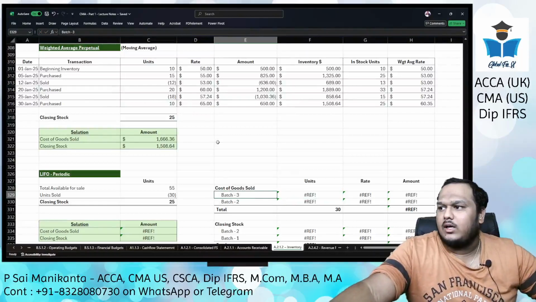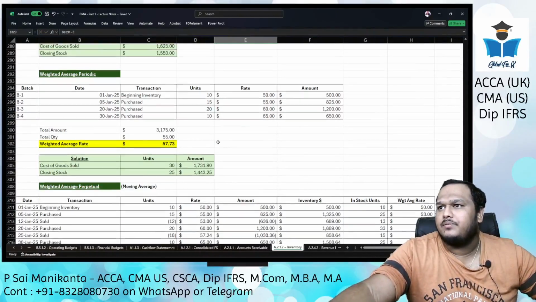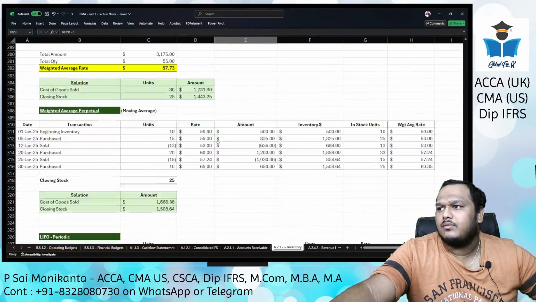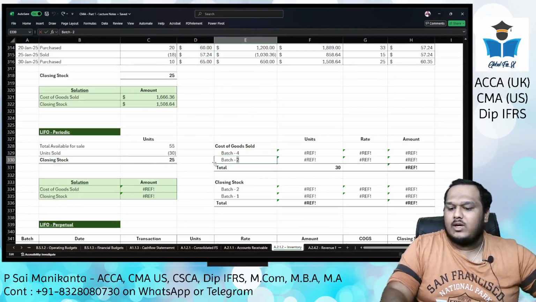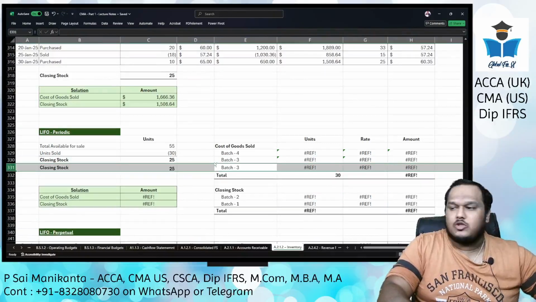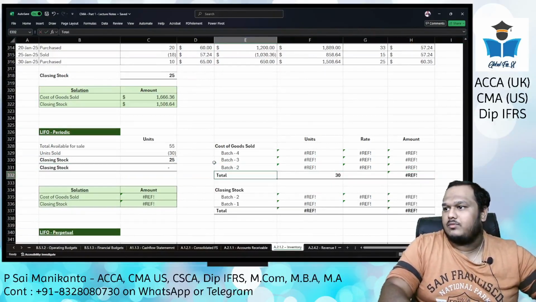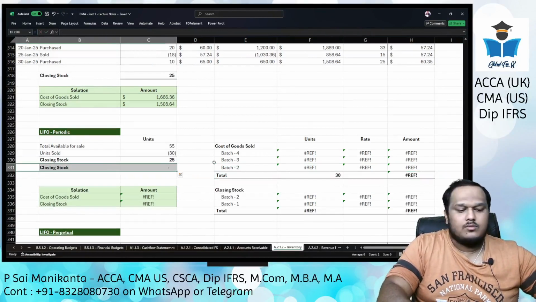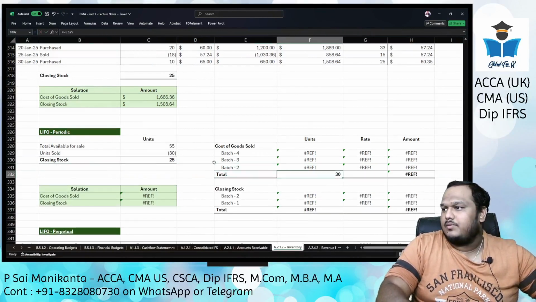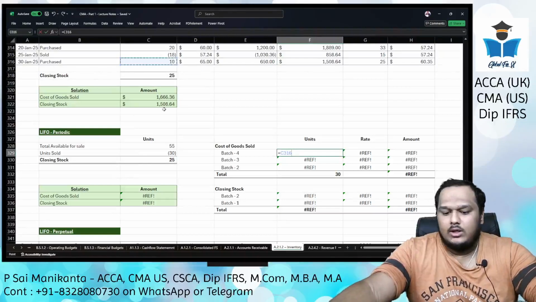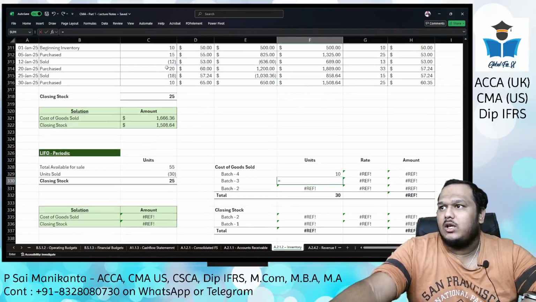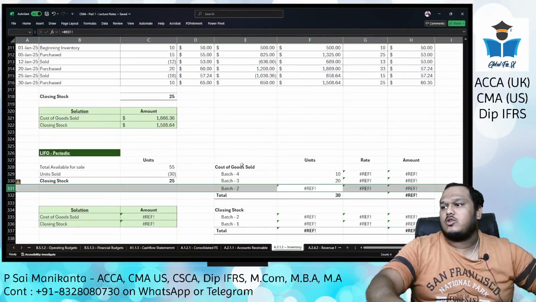So then it will be batch 4 and batch 3 and maybe batch 2, I don't know. Total I need to sell 30 units. So from batch 4, 10 units, from batch 3, 20 units. So 10 plus 20, 30. So batch 2 is not needed.